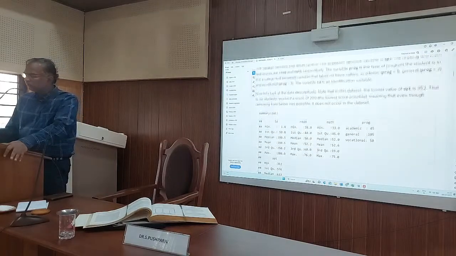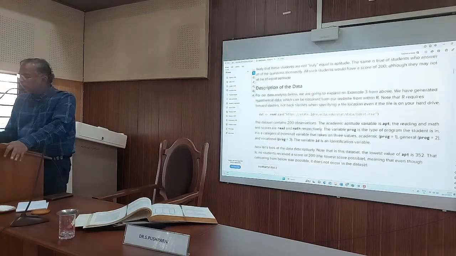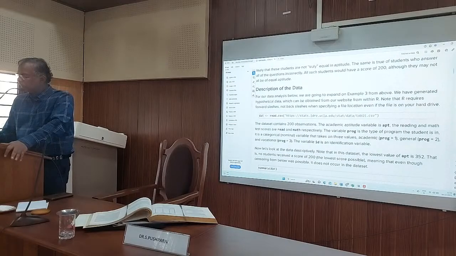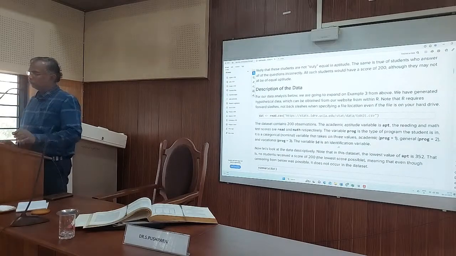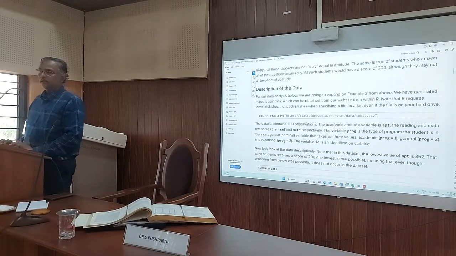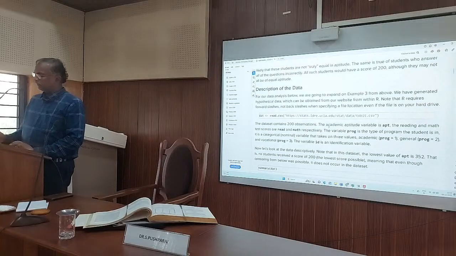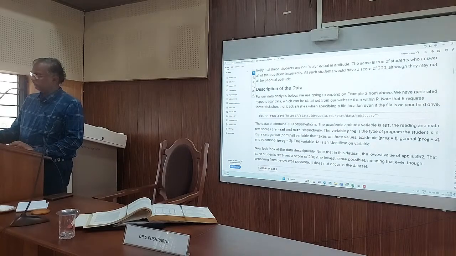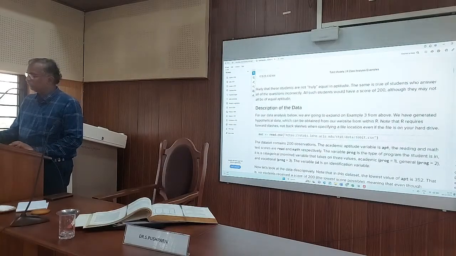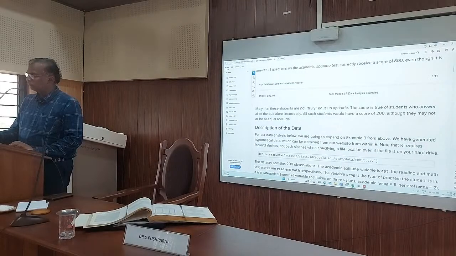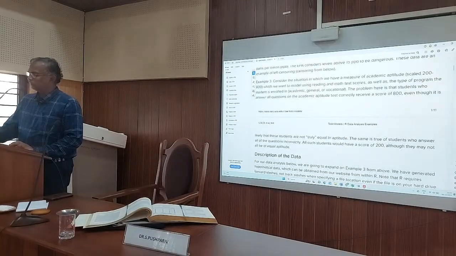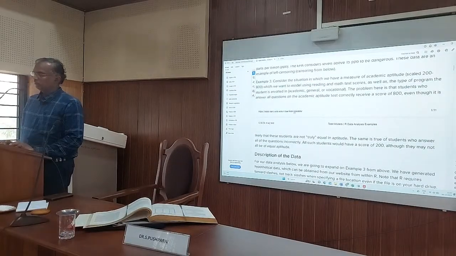Some academic aptitude test, APT, is taken. The maximum is 800, and all the values are bunched. Many values are bunched in that.